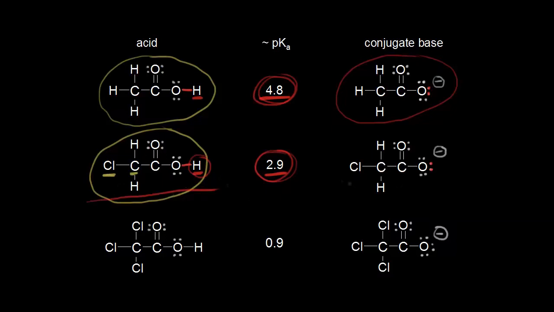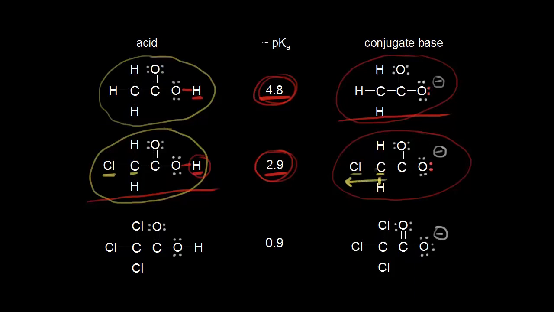And if we look at the conjugate bases, we can understand why. So this conjugate base must be more stable than this conjugate base. And we can explain this in terms of induction. So if we look at the difference, we know we have chlorine here, and chlorine is an electronegative element. It's much more electronegative than carbon. So chlorine is going to withdraw some electron density this way.